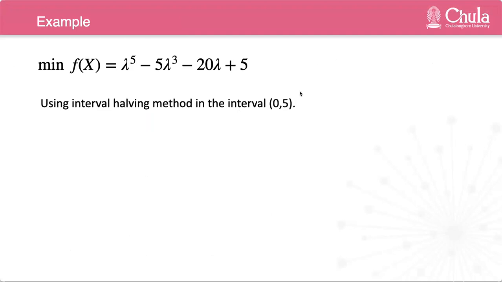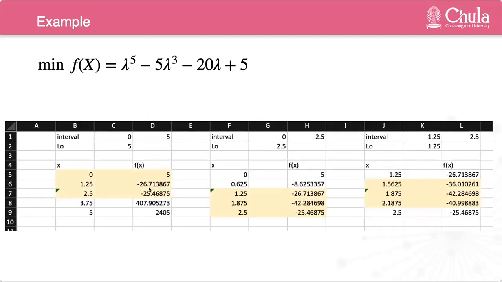For example, this one, we divide it into 3. At first, we need 3 points, right? 1, 2, 3 points. And then we can eliminate half of this area. The interval is 5 at the beginning. Then in the next iteration, the interval becomes 2.5, which is half of 5.